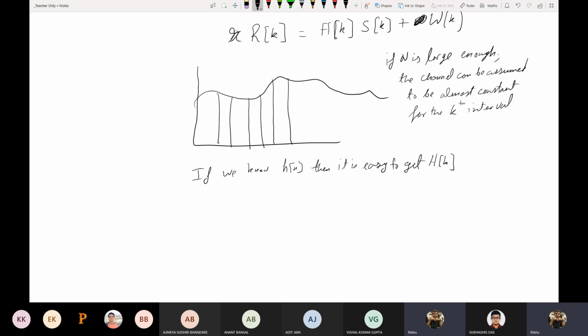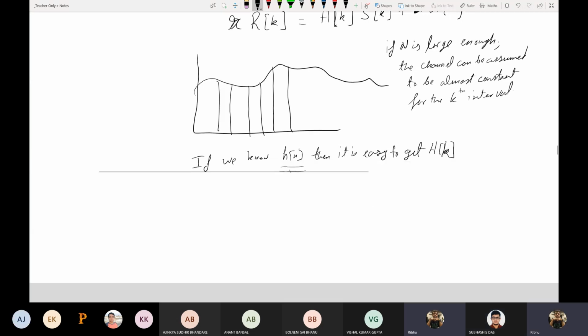Sir, capital H of what have you written? Capital H of K or capital H of L? Capital K. Hk is the Fourier transform of Hn.